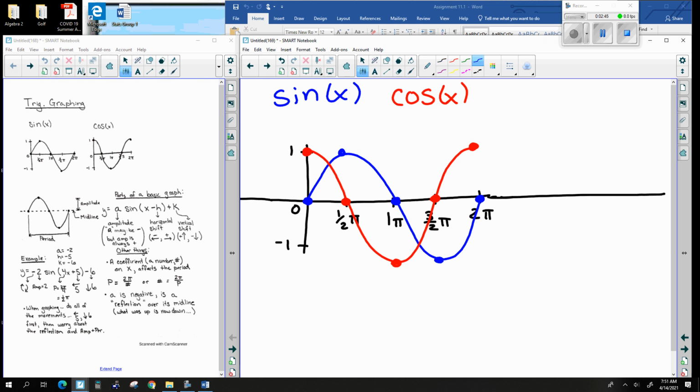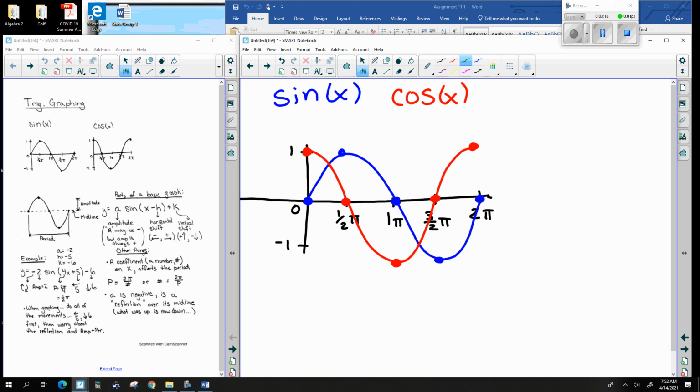What it does is it starts to repeat itself after that, and it goes in both directions. It goes off to the left and the right forever. That is a sine and a cosine.